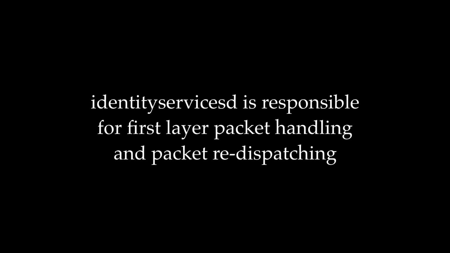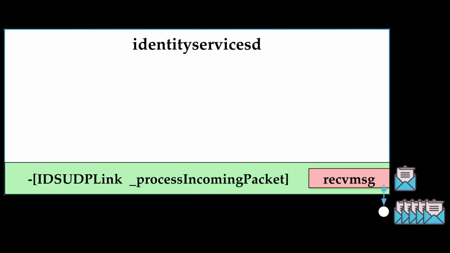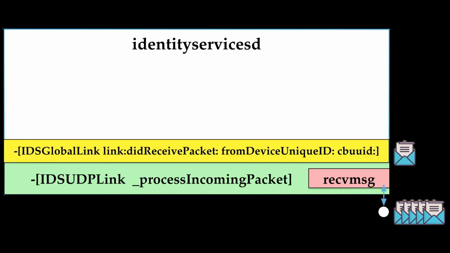IdentityServicesD is responsible for the first layer of packet handling and packet redispatching. This function, IDSUDPLink processIncomingPackets, will call the function receiveMessage and pass the data to IDSGlobalLink.